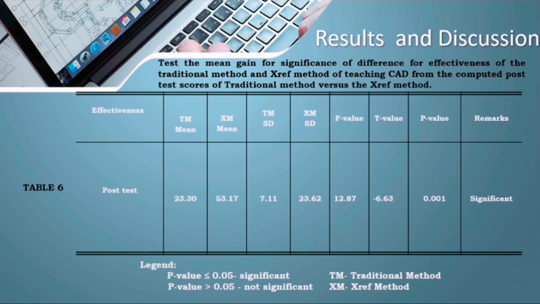So it has a significant difference, compared to 23 against 53.72 of the mean gain.